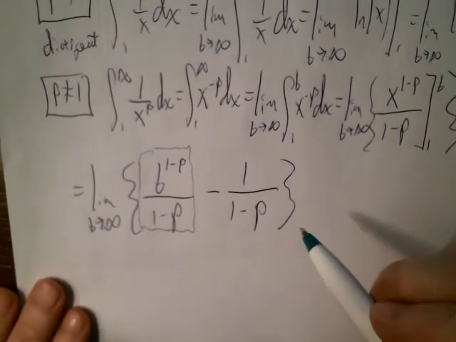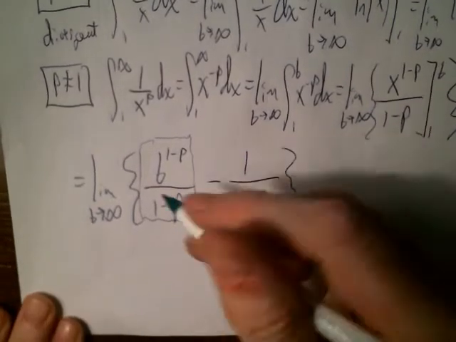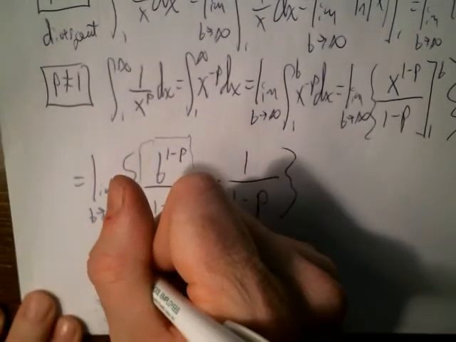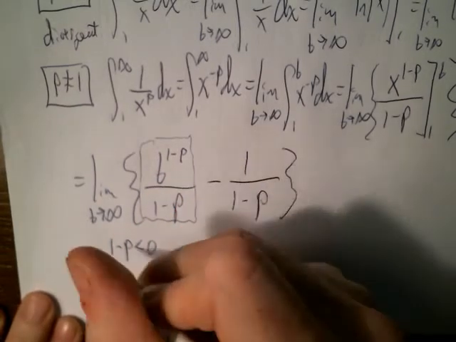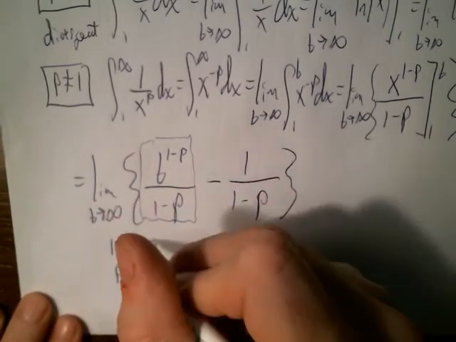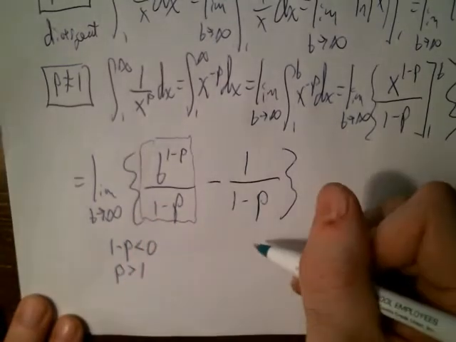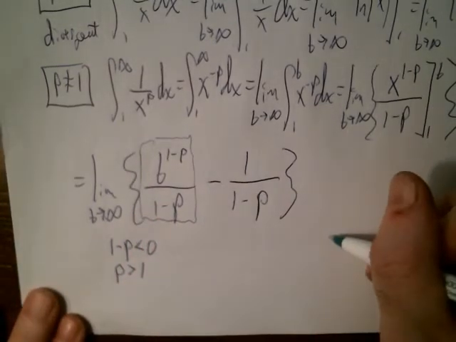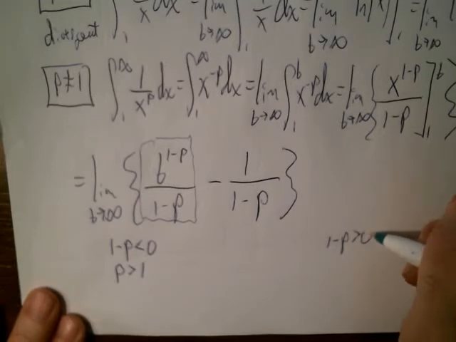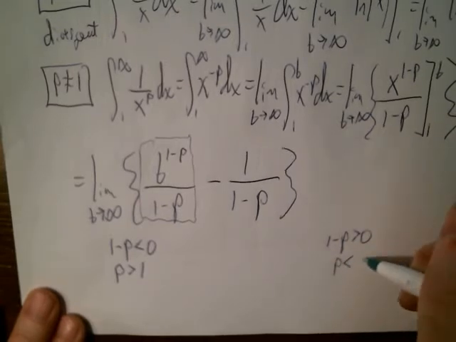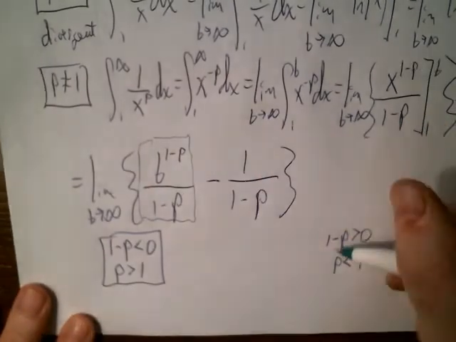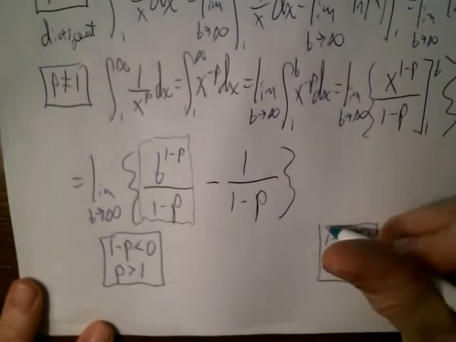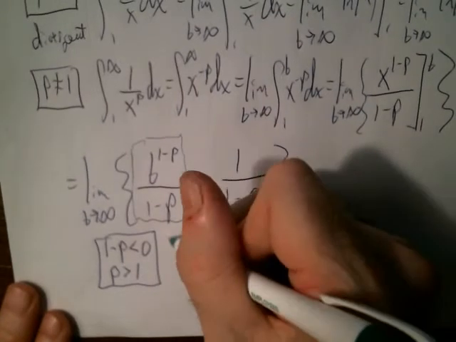Okay, so I claim there are two cases to consider here. There's the case when 1 minus p is less than 0, in other words, when p is greater than 1. And then there's the case when 1 minus p is greater than 0, in other words, when p is less than 1. I'll just show you an example of the limit.